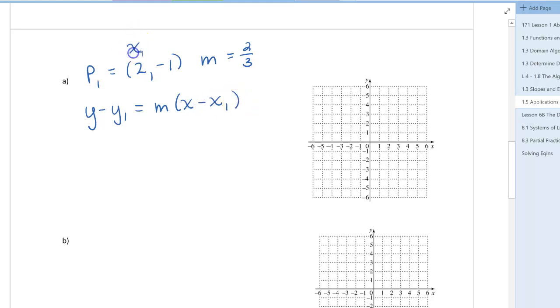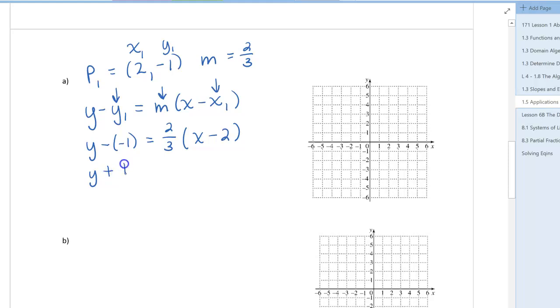Remember, this is x sub 1 and this is y sub 1. We're going to have y minus -1 equals 2/3 times x minus 2. So I plugged in -1 for y sub 1, 2 for x sub 1, and 2/3 for m.